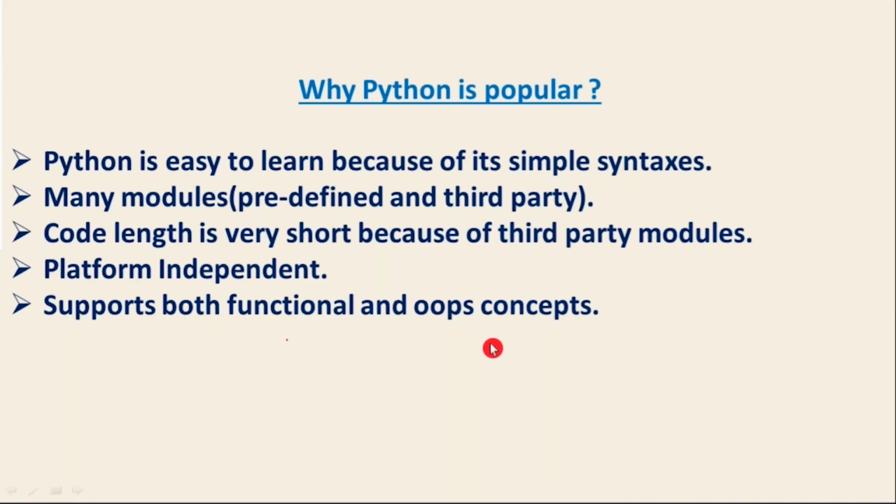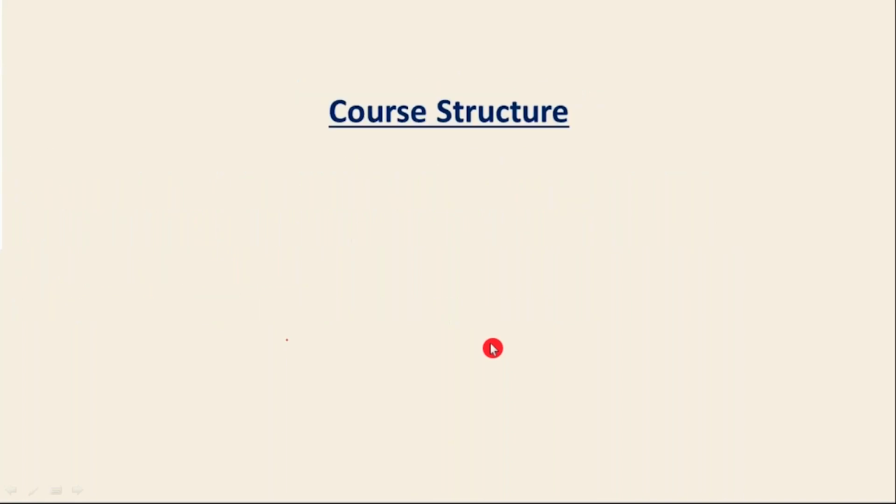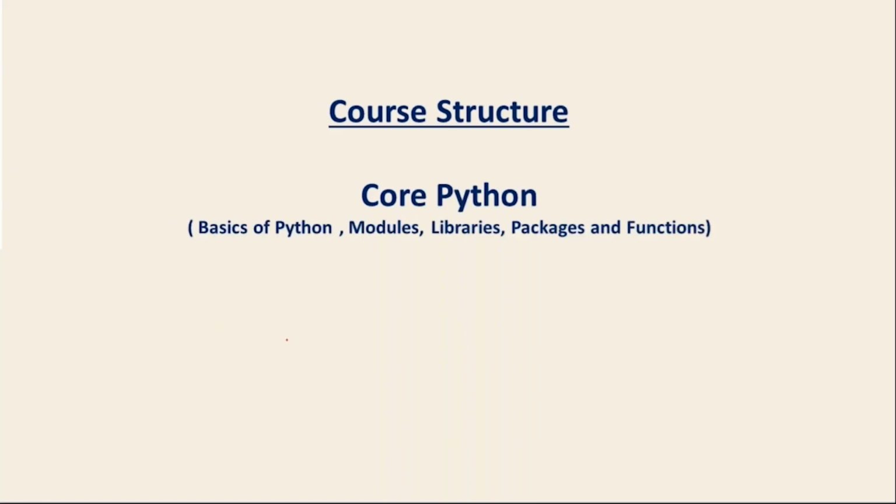Fine. Now coming to our course structure, I mean this entire course, what we are going to learn and the sequence in which we are going to learn Python. See, first we are going to cover core Python. In core Python, I'm going to cover basics of Python, modules, libraries, packages, and functions.